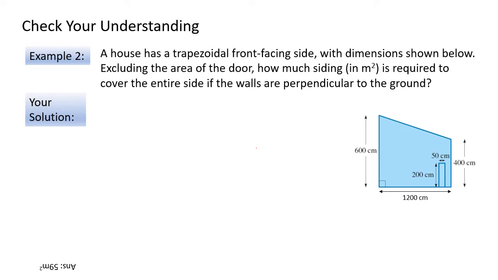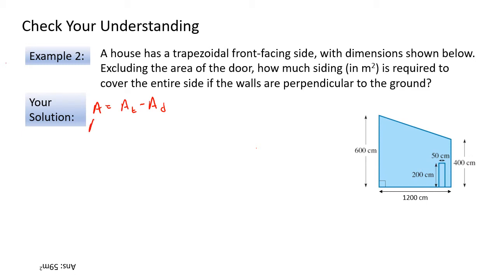They shouldn't, but. So if we treat it as a trapezoid, okay, our total area is going to be equal to the area, and I'm going to write T for trapezoid, minus the area of what I'm going to call the door, right? So it has a door that's 200 centimeters by 50 centimeters.